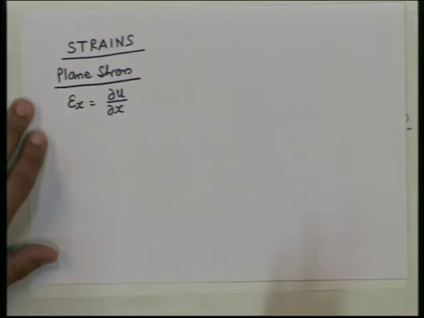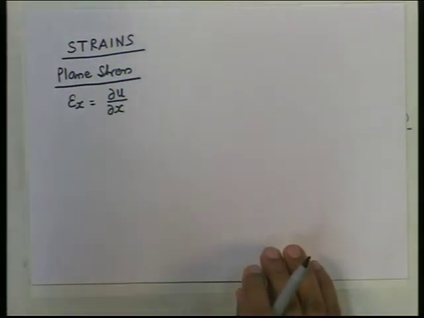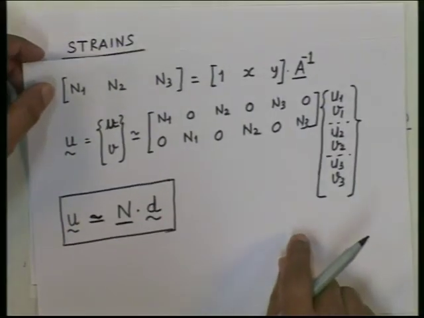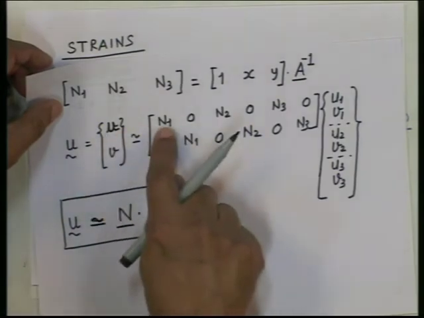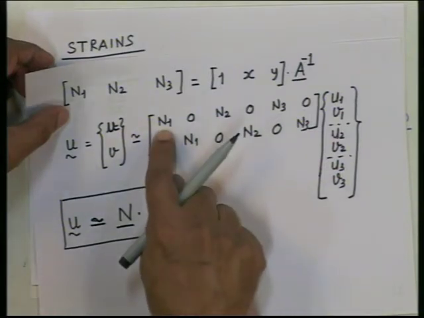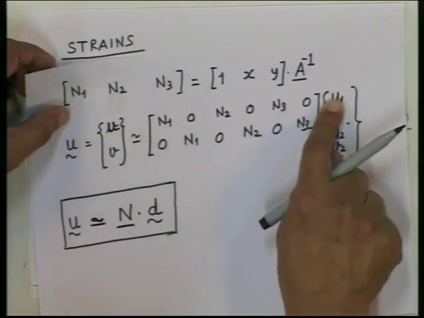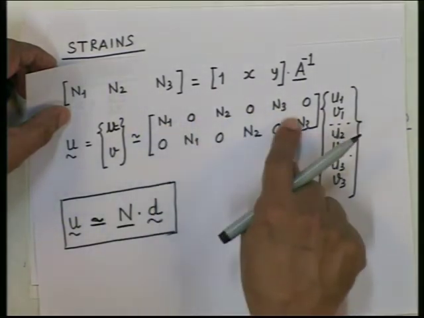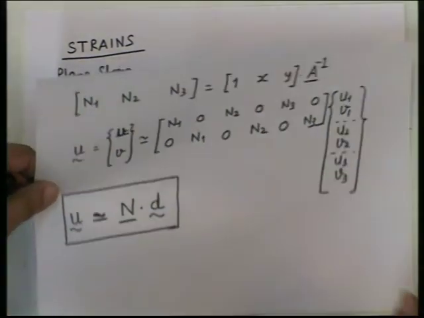By the way, what is the value of du by dx? Of course, here it will not be clear. If you find out du by dx from here, you have to write down the derivative of the shape function, but it is not very clear, because each of these shape functions is a linear function.